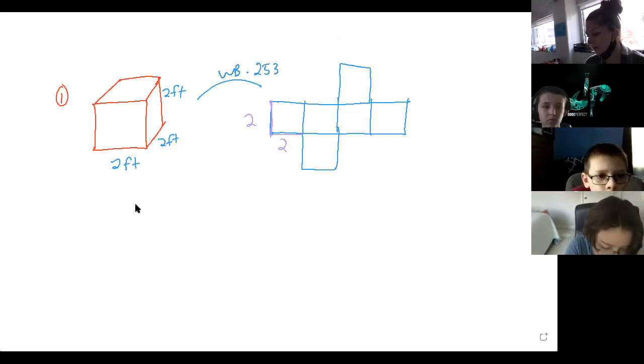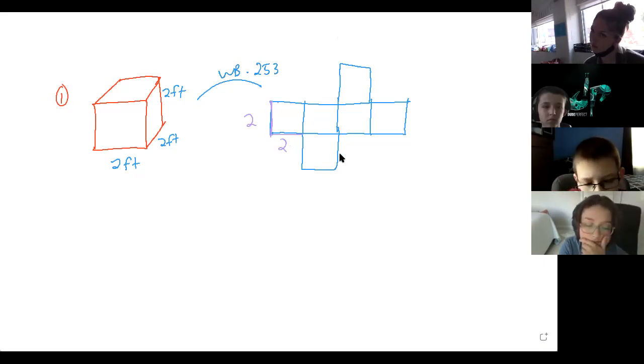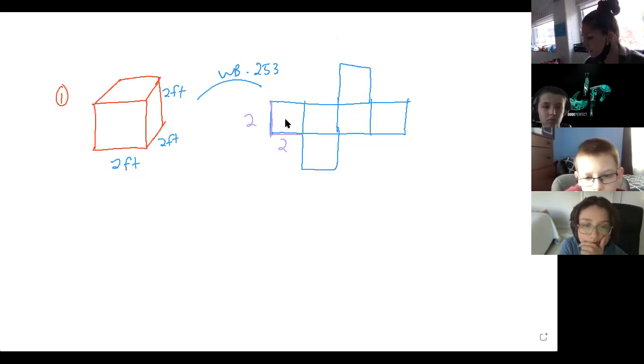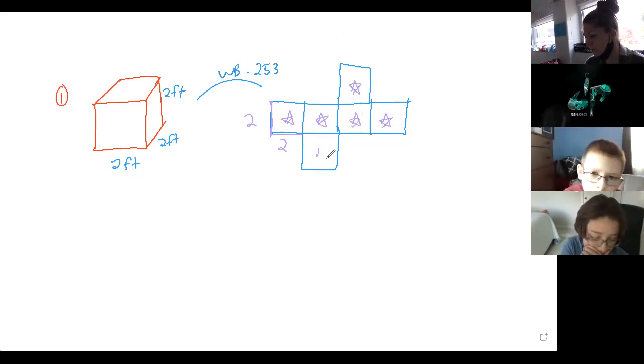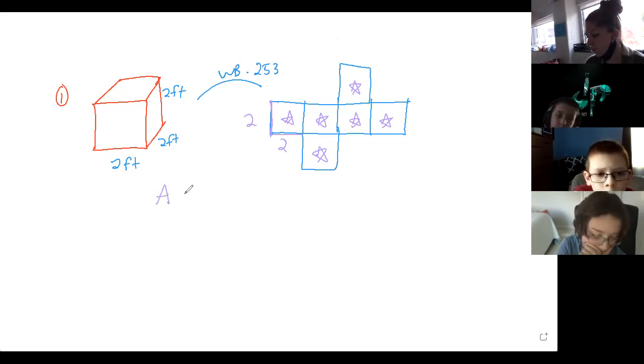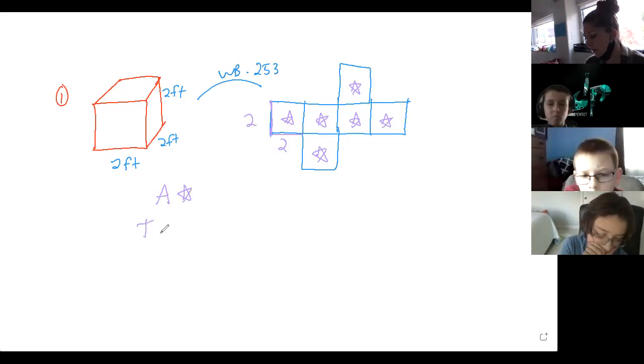And in order to calculate the area of any square, what 2 dimensions do I need? Length and width, right? The cool thing about this shape in particular is every single one of these shapes are exactly what? The same. They're congruent. So if I know the area of one square, how would I figure out the total area of this shape?